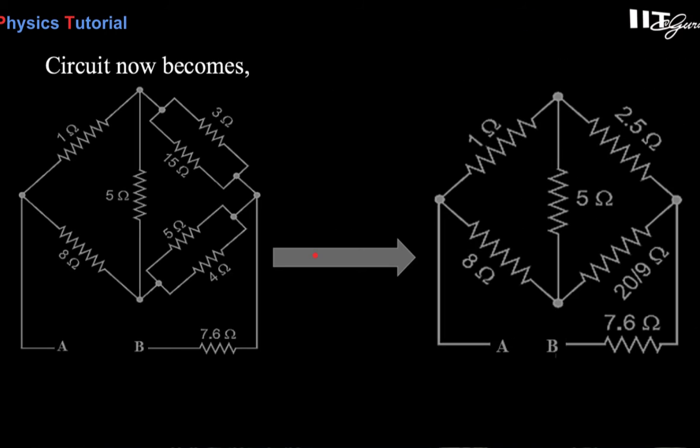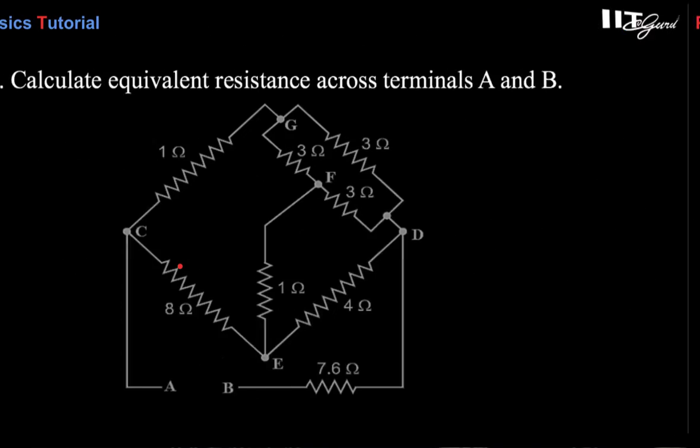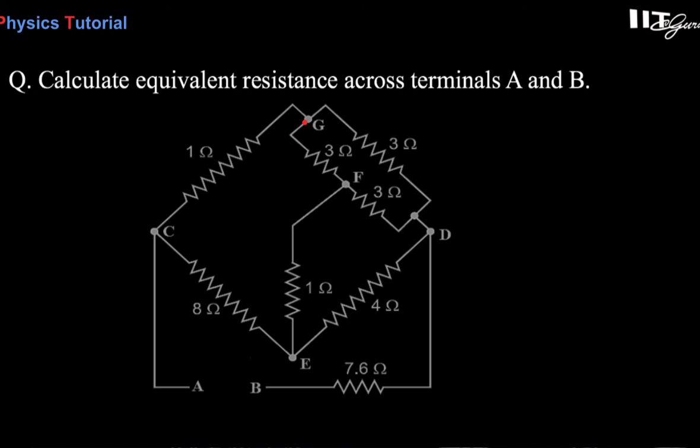This 15, 5 and 5 ohm converts like this, when it is converted at this point as GDE.